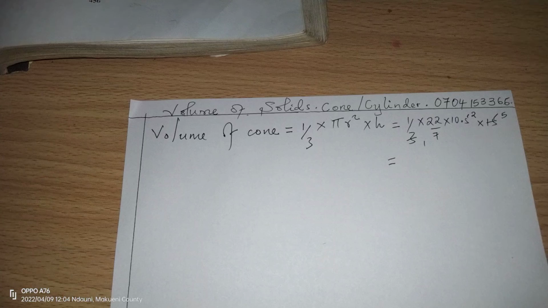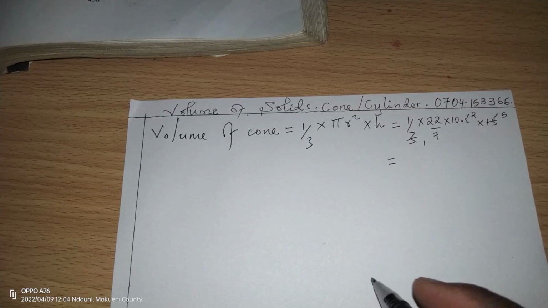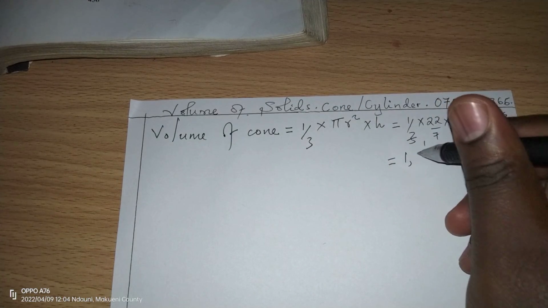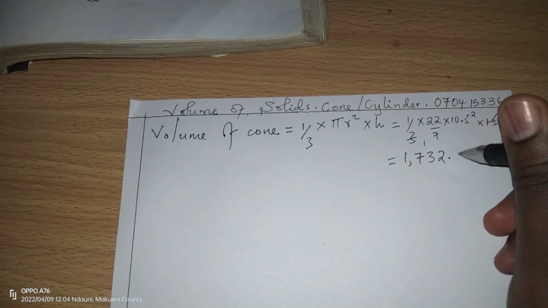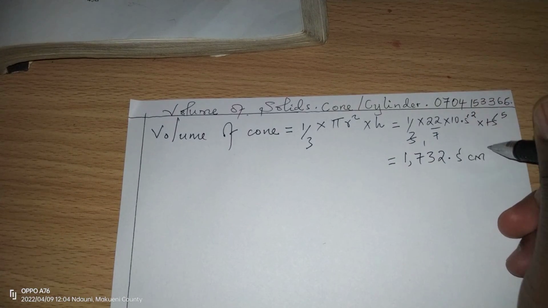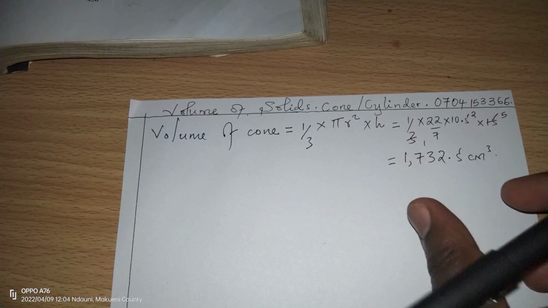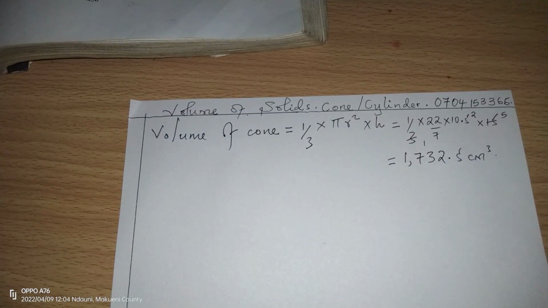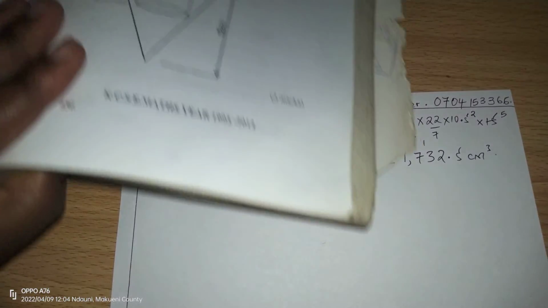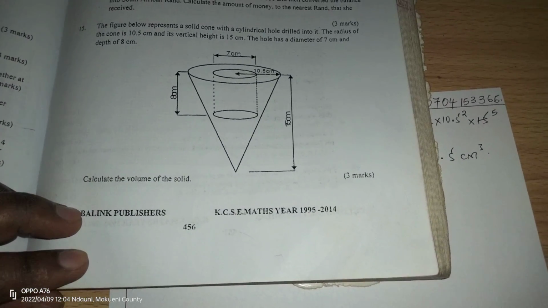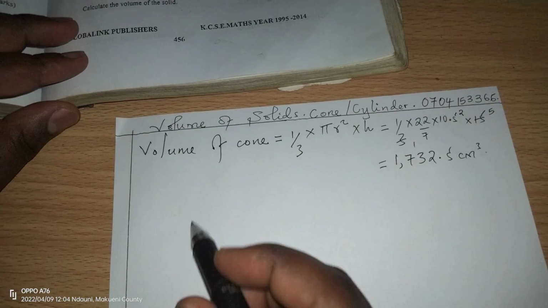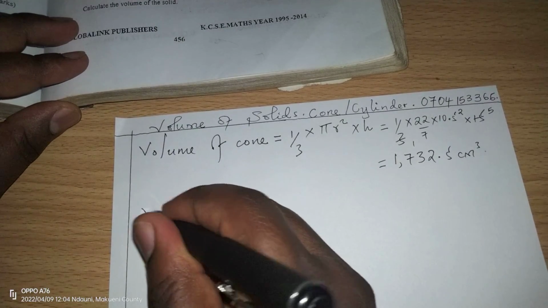This gives us 1,732.5 cubic centimeters. So this one is the volume of the cone. Now we can see that from this cone, a hole is being drilled out. This hole is cylindrical. Therefore, we can get the volume of the cylinder.